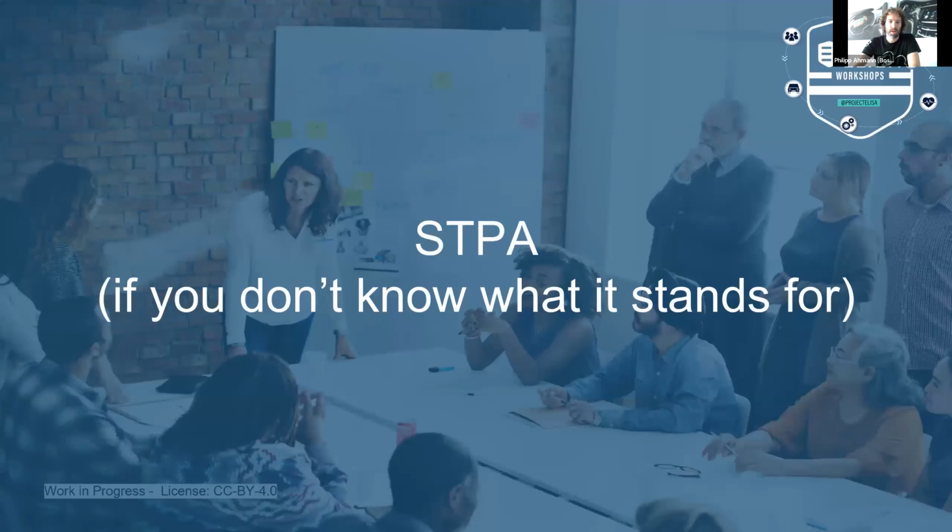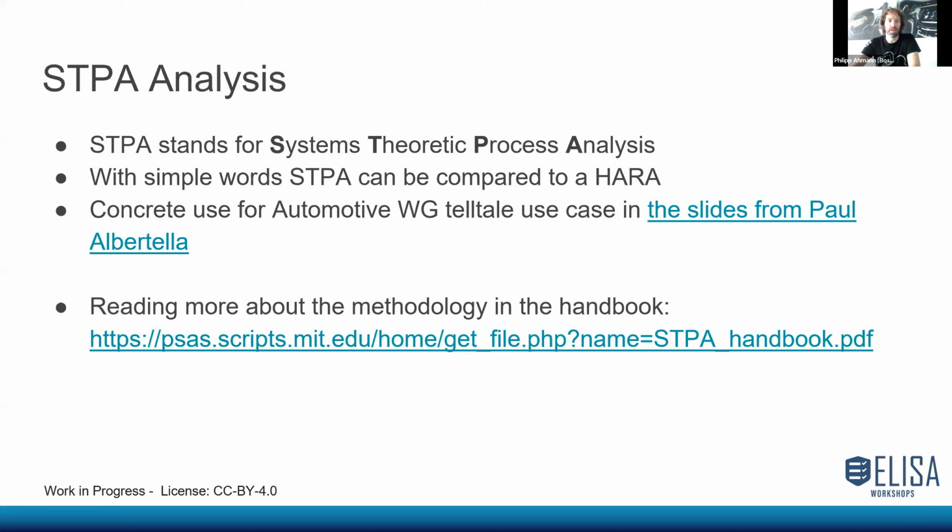So now STPA, if you don't know what it stands for, it's the System Theoretic Process Analysis. For the automotive guys, with simple words, STPA can slightly be compared to HARA, so hazard analysis and risk assessment.